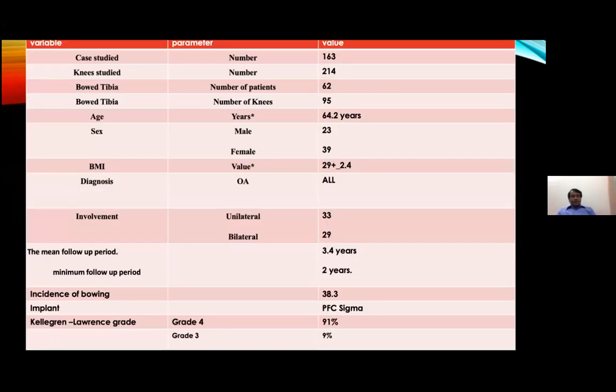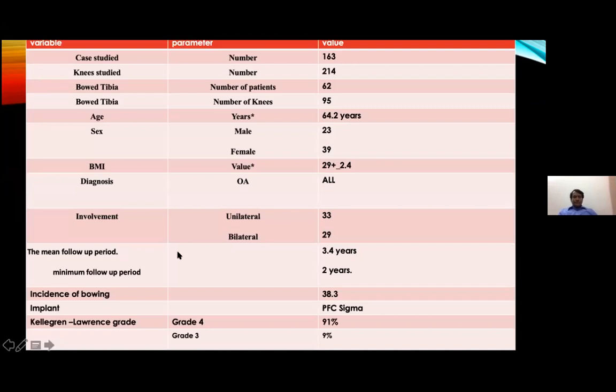So we have studied around 163 cases. There were 240 knees, and in that, both TKR in 62 patients, and in that case the number of knees around 95 knees, with an average age of 64 years and mean follow-up of 3.4 years.